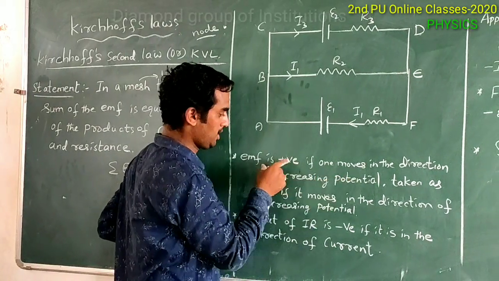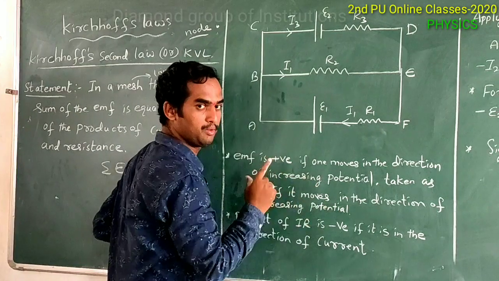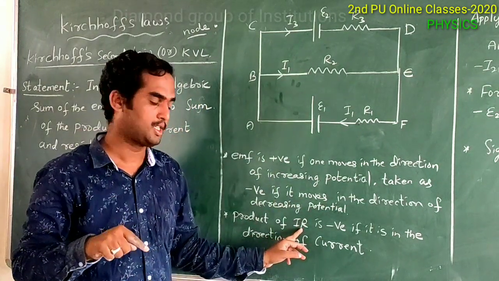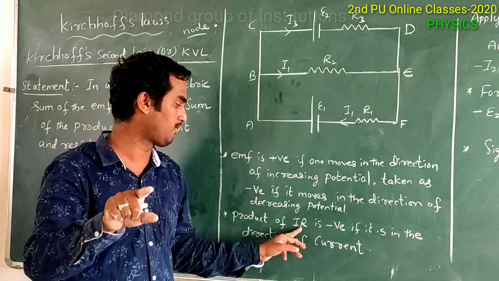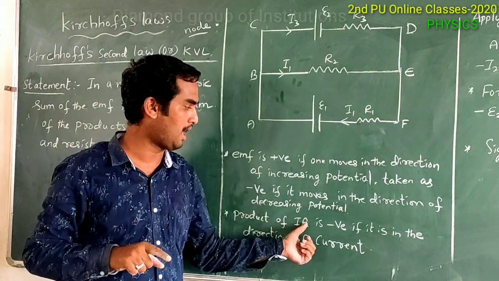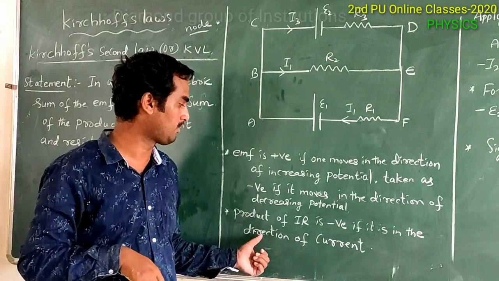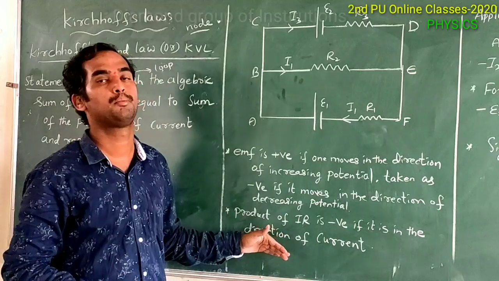Increasing potential positive, decreasing potential negative. Here, in the direction of the current, the product of the current and R is taken as negative. If it is opposite to the direction of the current, it is taken as positive.